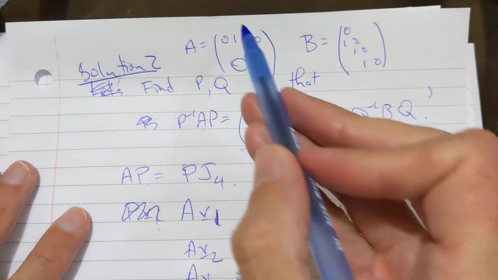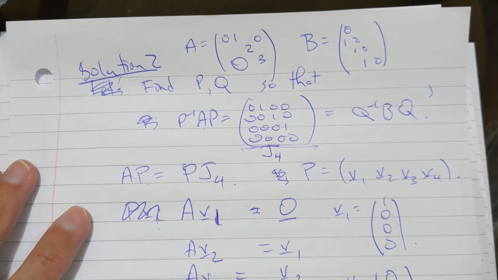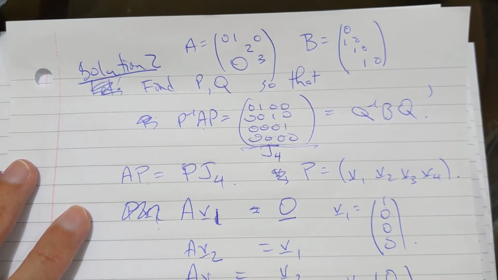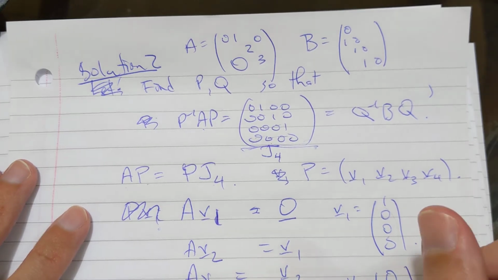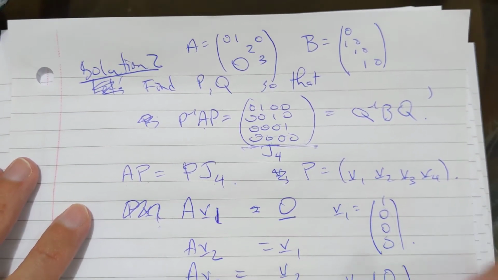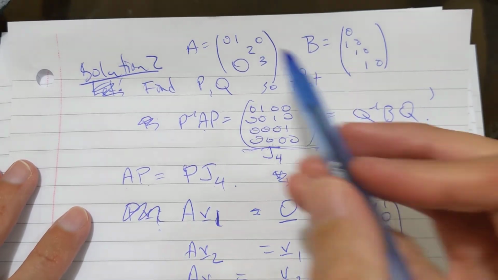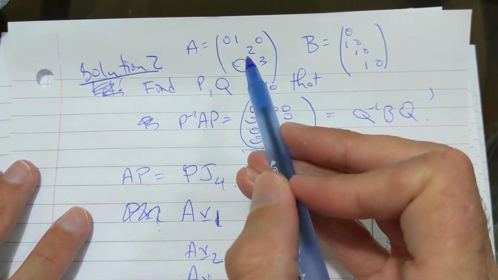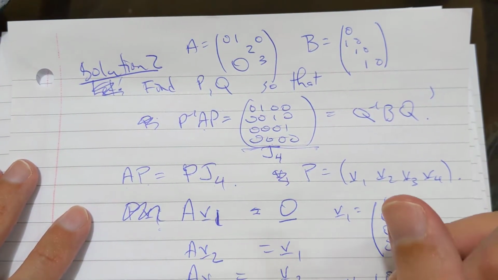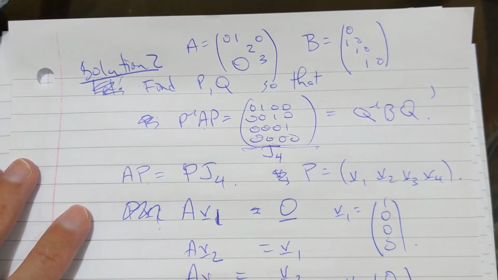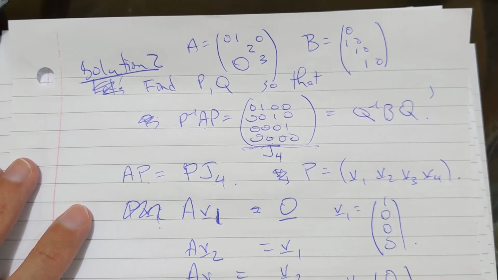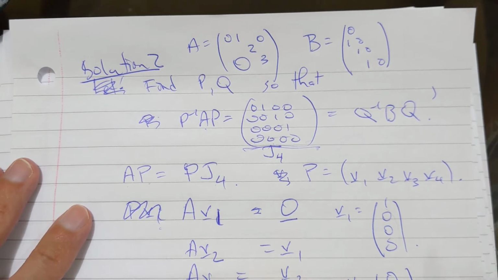Now multiply by A. So now A times V2, we get 1, 0, 0, 0. So AV2 equals V1. Now we want AV3 to be V2.